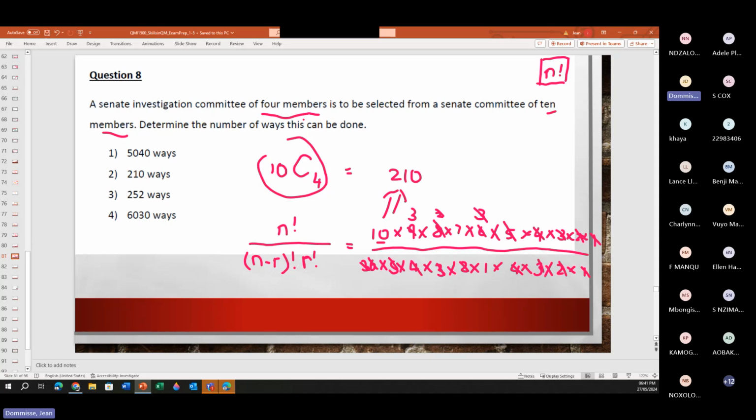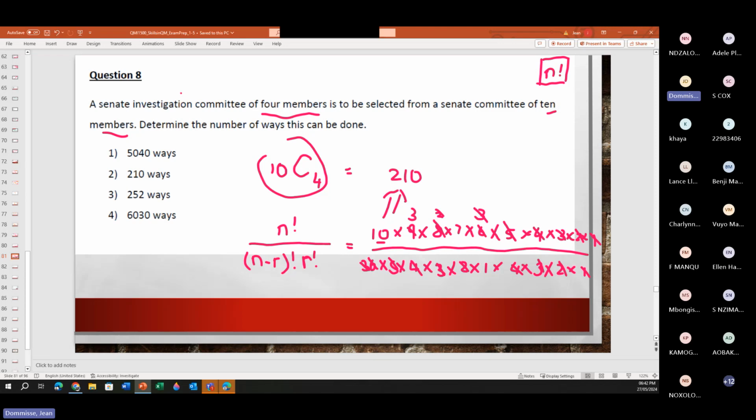What you can also remember is, if it is the same number for permutation and combination, permutation is always bigger.